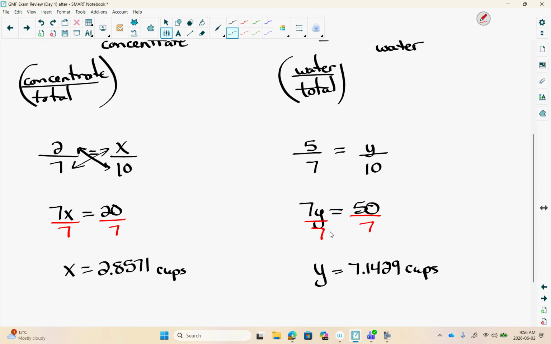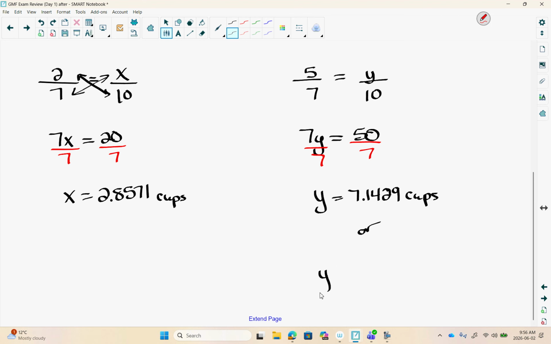How else could you have figured that out? What would have been an easy way to do that? Yeah, I could have said y is going to equal 10 minus 2.8571.